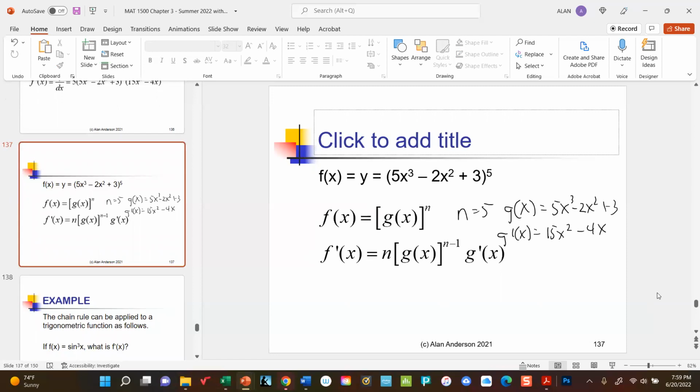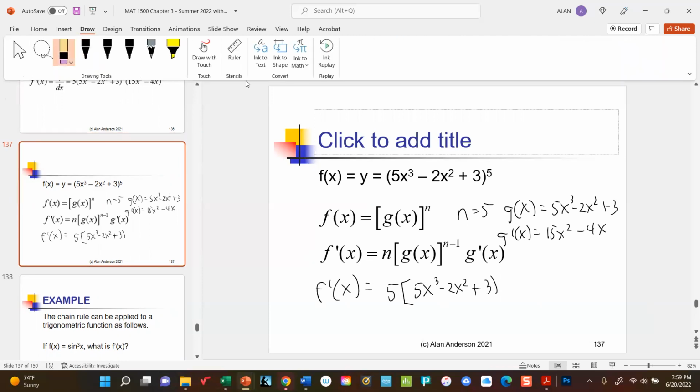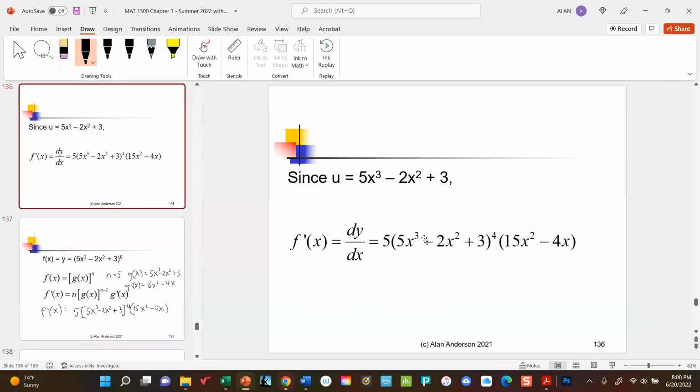So plugging these in, it's the same, isn't it? It is. I'll just copy this to confirm it.